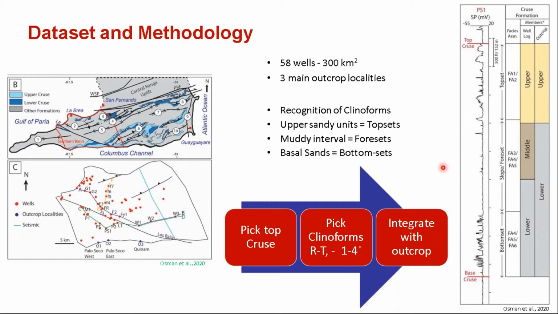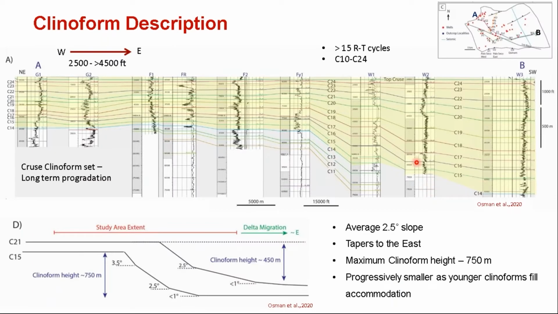So we use this model-based approach, as well as subtle well characteristics, to carry it across to the basin floor. For our clinoform description, in yellow, you can see a built Cruse clinoform set. This represents long-term progradation of the margin before being capped by the main flooding or main transgression, which the data set is hung on.